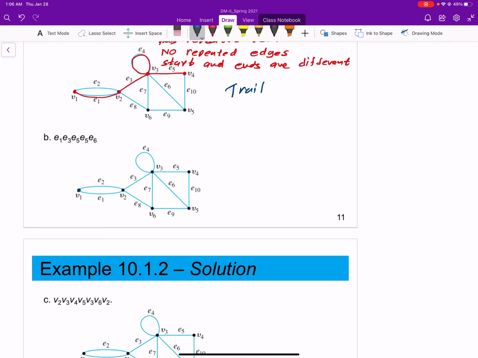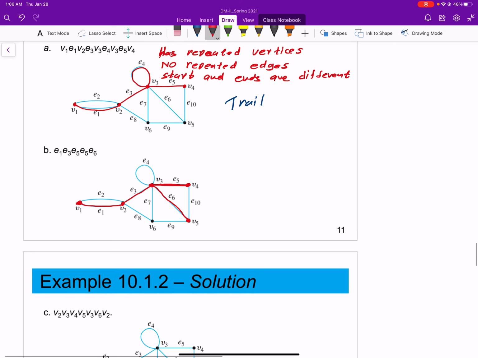It is E1. That means you go through that edge, and then E3 that edge, and E5 that edge, and then after E5 again E5. That means you are coming back on the same edge, and then E6, and then going down.